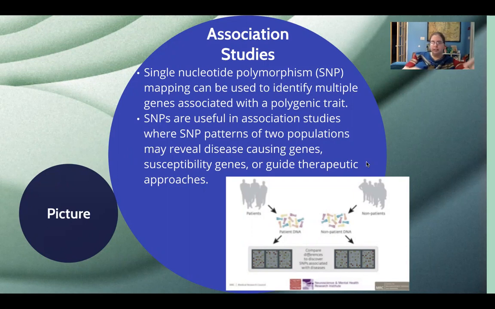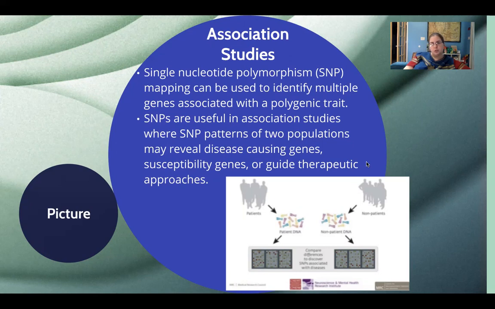Remember, SNPs are specific loci or locations on the genes that we can track and follow and look at. We're using these to try and figure out which genes can have an effect on these multiple gene traits, these polygenic or multifactorial traits.